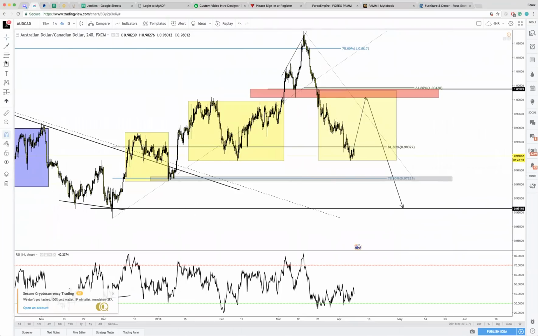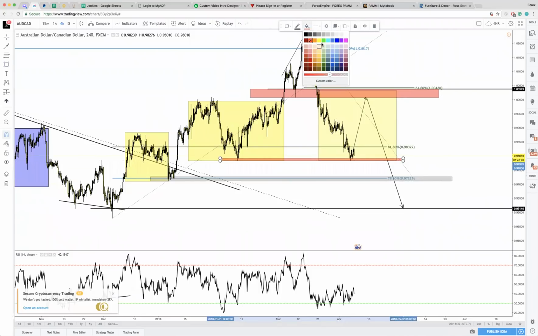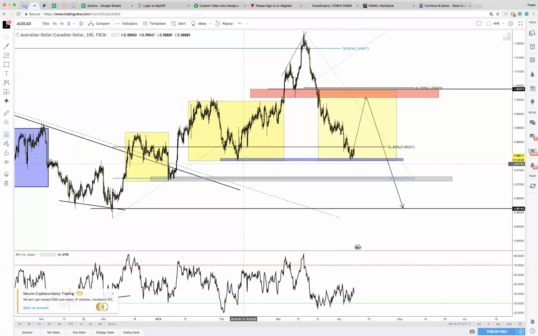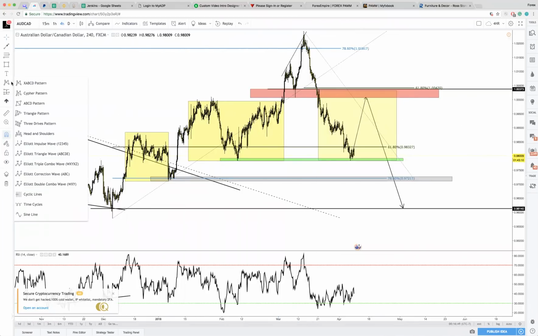At the same time, if you notice, there's a head and shoulder pattern coming up right here. I should make it green. You see that head and shoulder? Right here, right here, right here. Let me draw that out.